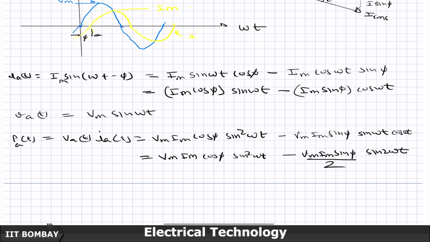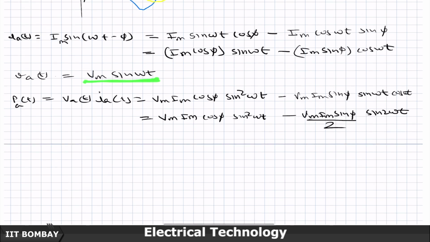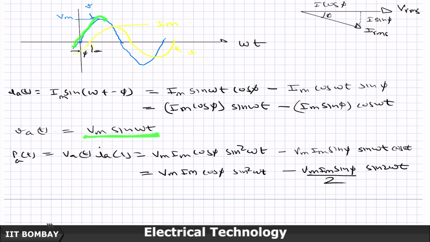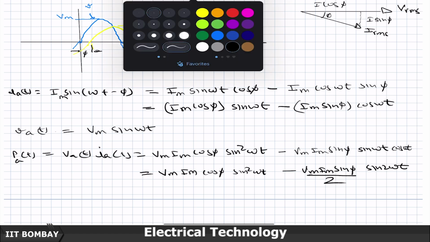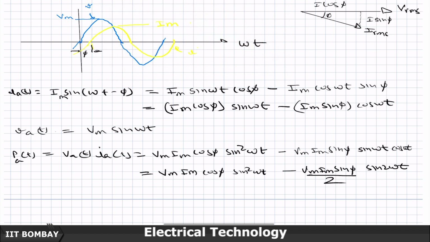So, now you can really appreciate, this is my V m sin of omega t. In phase with it, you mark my words, in phase with it means every instant of time exactly following in the same way, I have the current component whose peak is I m cos of phi.